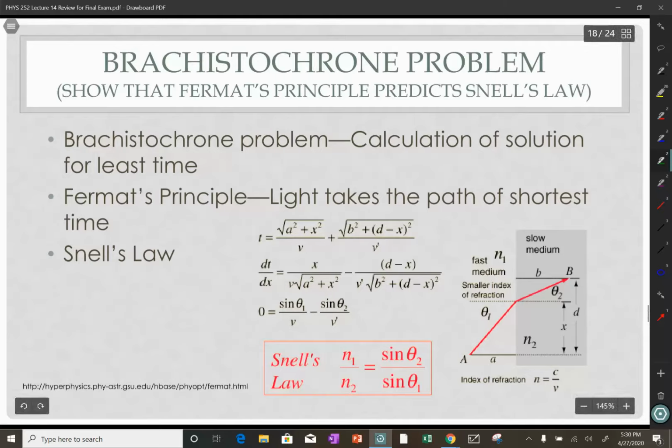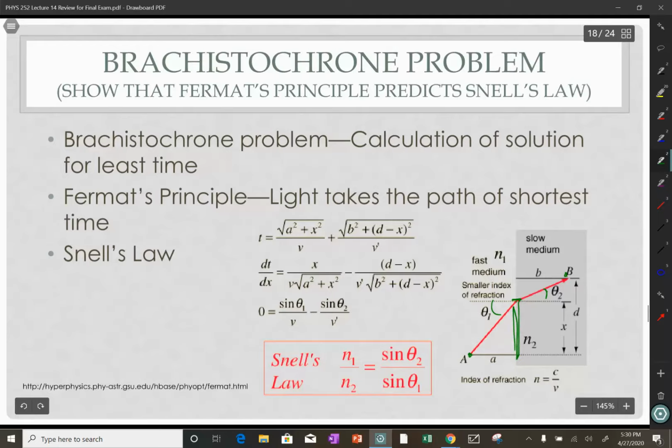So all you do is you say, okay, here's point A, here's point B, and here we define angle theta 1 and theta 2, and then you write an equation for the time that it takes light to go from A to B as a function of what this distance here is, x.